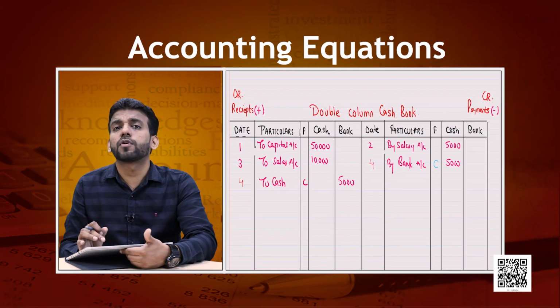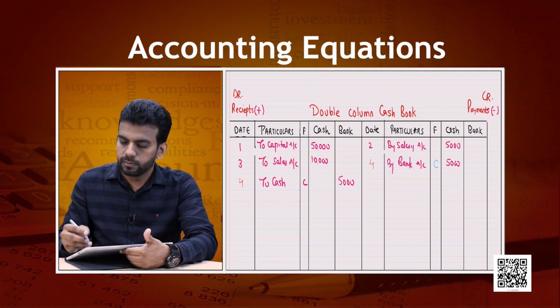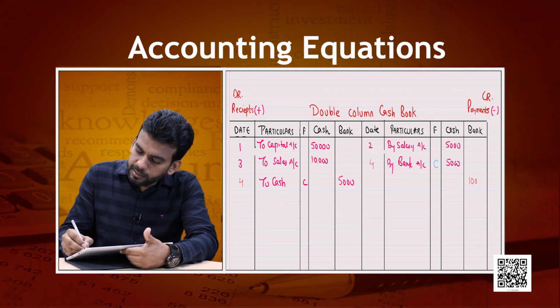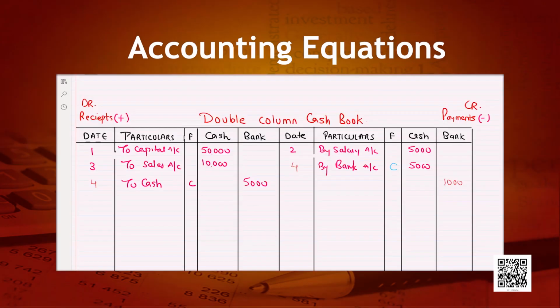When you are withdrawing money from bank, bank is reducing. 1,000 rupees, bank is reduced, and cash received it. Cash means office money. So, cash is increased, so the receipt column of cash is touched. And when bank is reduced, the payment column of bank is touched. So, it is a case of contra entry.